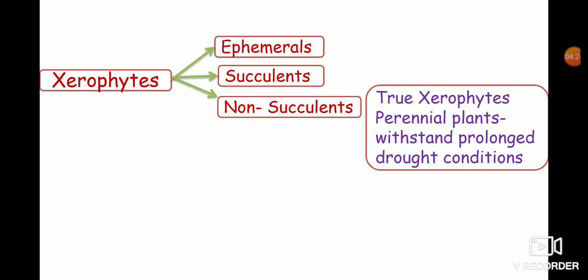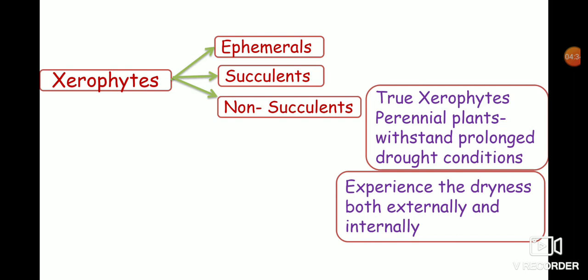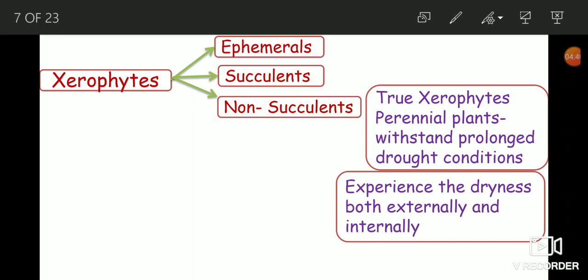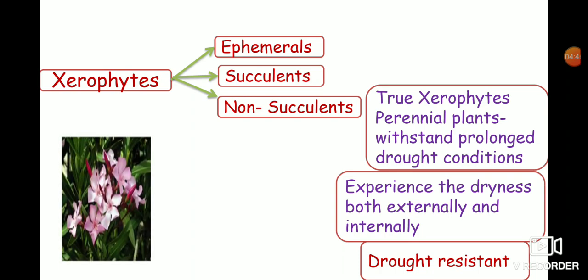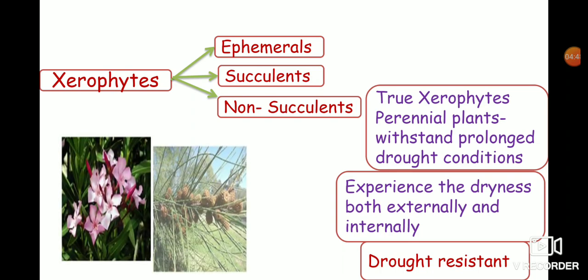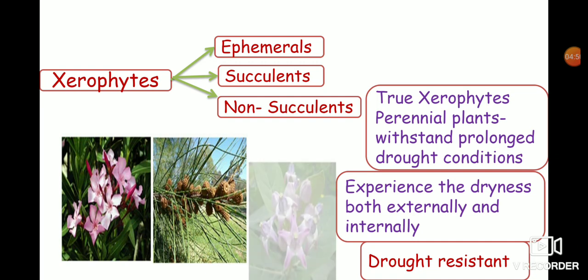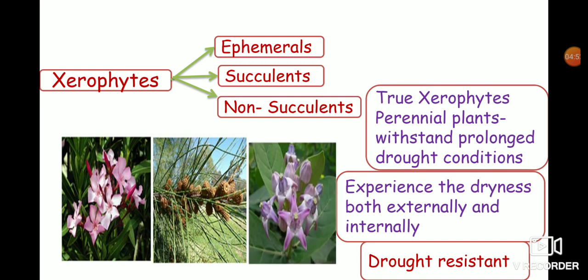These plants undergo a number of morphological and physiological modifications. Non-succulents suffer dryness both externally and internally. Hence, they are called drought resistant xerophytes. The examples are Nerium, Casuarina, and Calotropis.